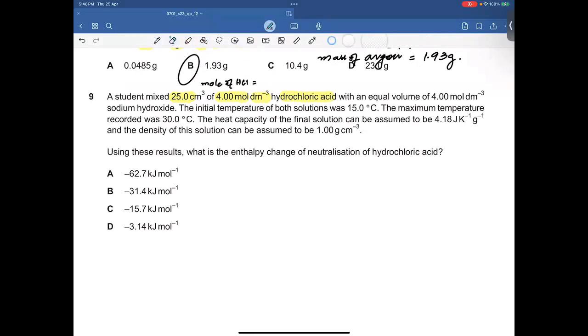Let me calculate moles of HCl here. 25.0 into 4.00 divided by 1000. So you will get how much moles? 25 into 25 into 4, divided by 1000. So it's going to be 0.1 mole.